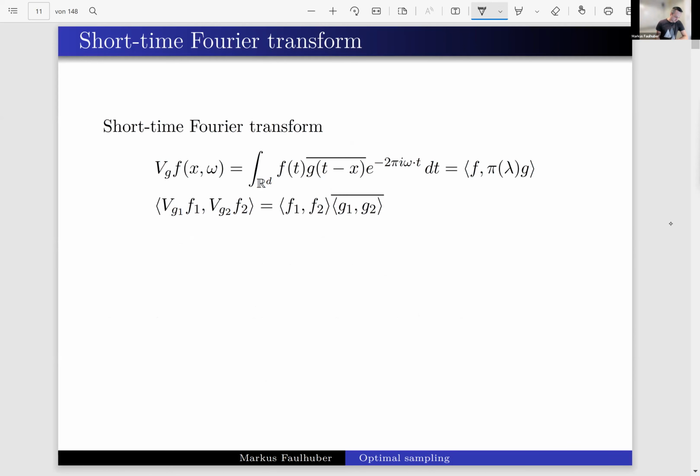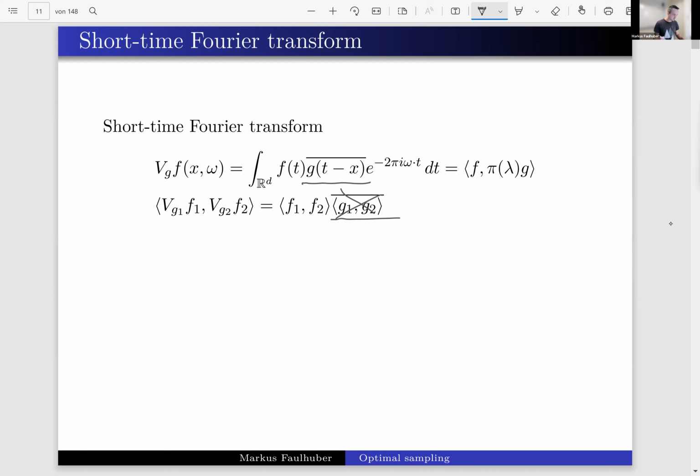So the idea of Gabor was to use some window function to localize the content of the signal in time, and then to perform Fourier transforms piece by piece. And as you can see, you also have some Parseval-like identity. It's called the orthogonality relation. In particular, if we choose g1 equals g2, and to have it norm 1, then this factor will disappear.